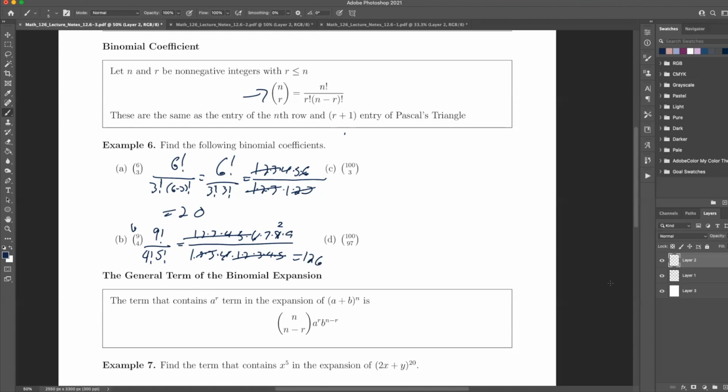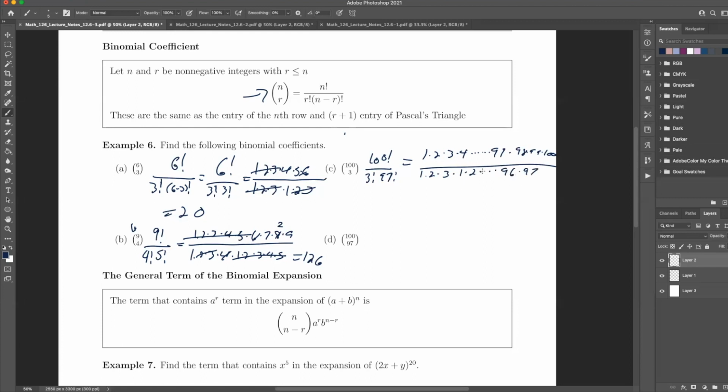All right. If I wanted to do this, it'd be 100 factorial over 3 factorial, and then 100 minus 3 would be 97 factorial. So this would be 1 times 2 times 3 times 4 dot dot dot times 97 times 98 times 99 times 100, over 1 times 2 times 3 times 1 times 2 dot dot dot 96 times 97.